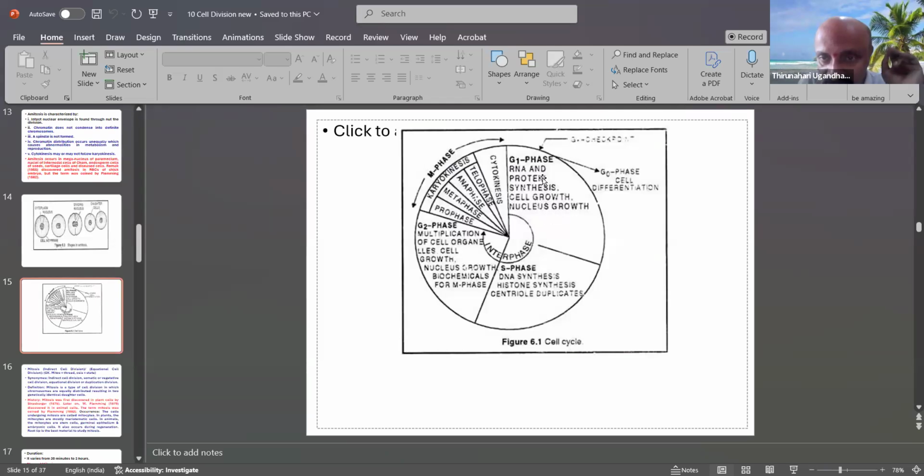Then the S phase: DNA synthesis, histone synthesis, and centriole replication. After S comes the G2 phase: multiplication of cell organelles, cell growth, nuclear growth, biochemical preparation for the M phase, which includes prophase, metaphase, anaphase, telophase. These are all karyokinesis. Then cytokinesis follows. This is called the M phase.